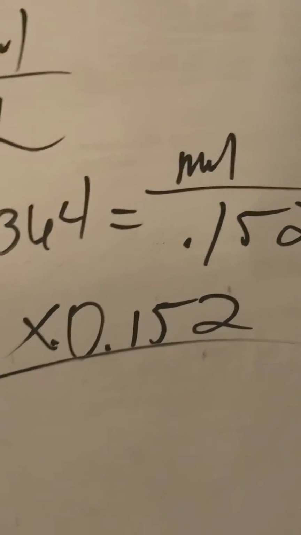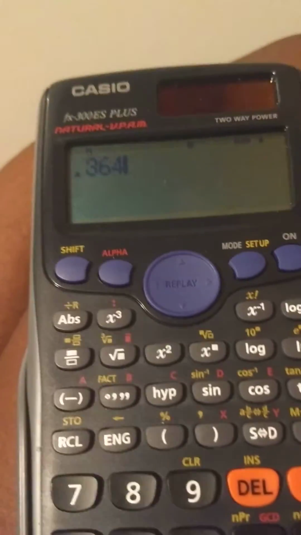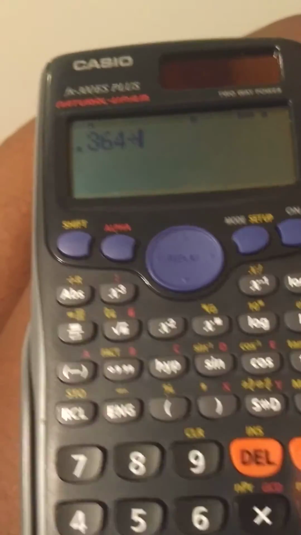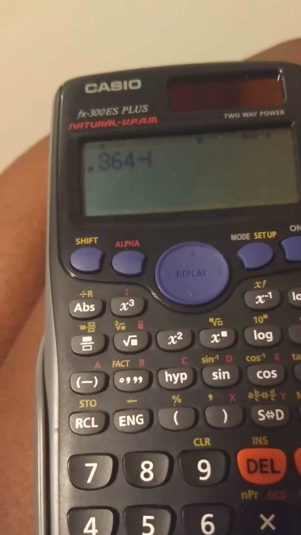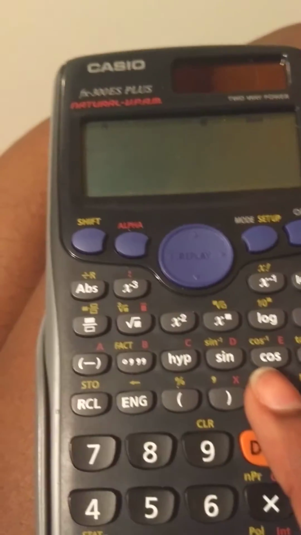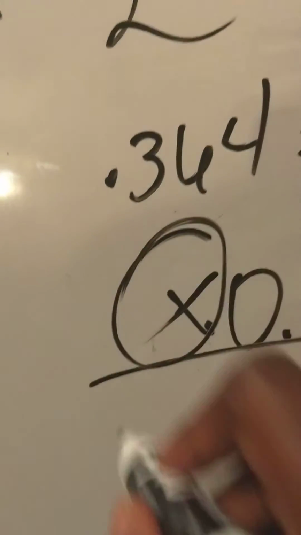Okay. So, let me show you what happened. When I went to put this into the calculator, the 0.364, I pressed the divide button, 0.152, to get the 2.39 that we got for moles. This is not right. We multiplied.